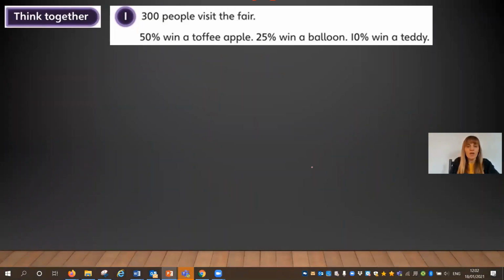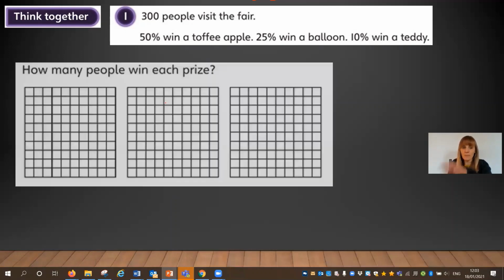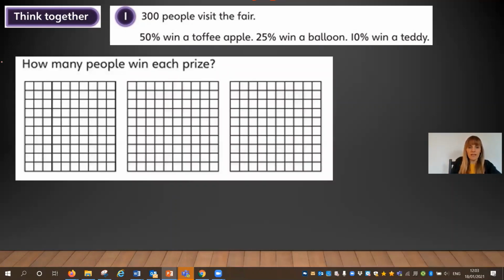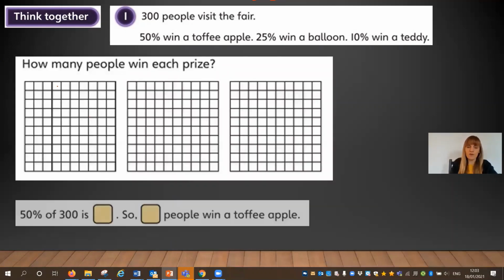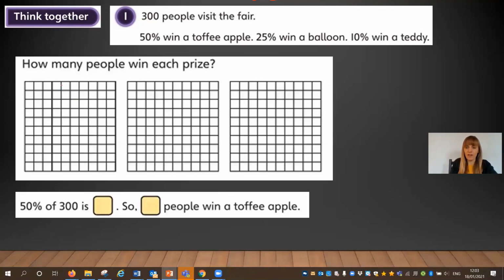All right, so 300 people visit the fair. It says 50% win a toffee apple, 25% win a balloon, and 10% win a teddy. Now we want to know what this means as number of people. So how many people win each prize? We're first of all going to focus on 50% of 300.